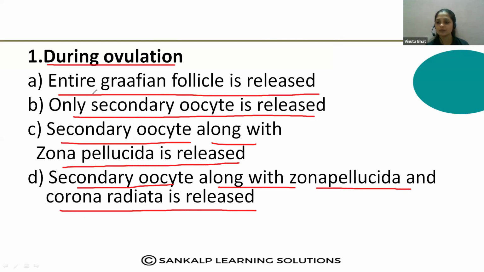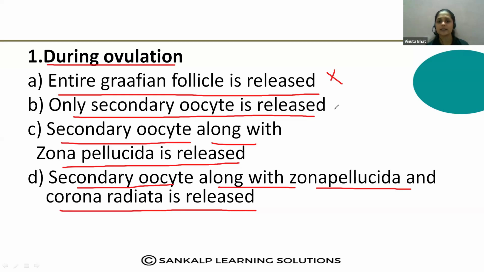Yes, see the option, write down the answer in the comment box. During the ovulation, the entire Graafian follicle is not released, right? The Graafian follicle ruptures and releases the secondary oocyte.